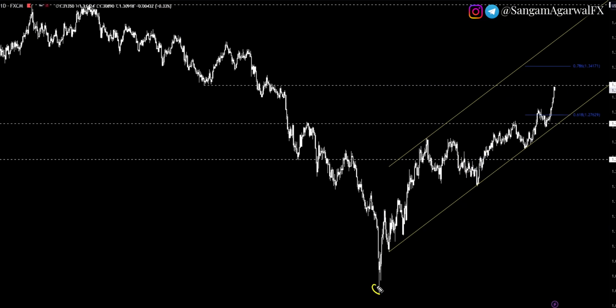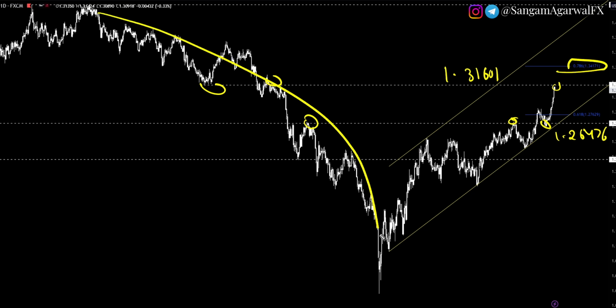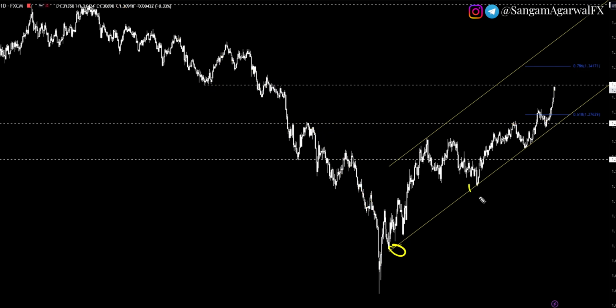Then GBPUSD daily time frame, dollar down, GBPUSD up. So resistance broken, and now it is testing the next resistance, 1.31601. This is your current big resistance, and next will be the 78% retracement of this last bearish trend. For downside support, this trend line is your strong dynamic support level, and this horizontal level.